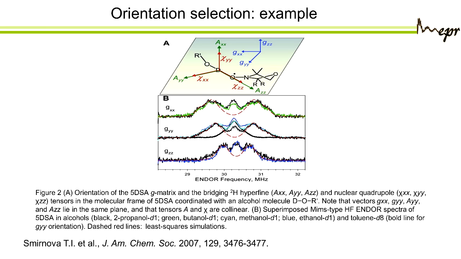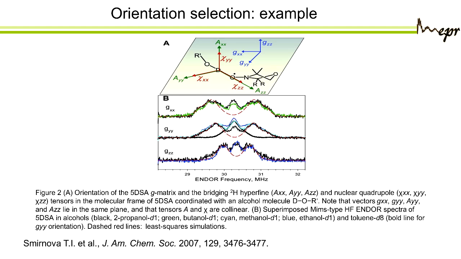Here is another example that somebody asked me yesterday. You can determine the orientation of hydrogen bonds to nitroxides, and this was done again at W band. They put in deuterium, and they determined the hyperfine, the quadrupole, and the relative orientation.